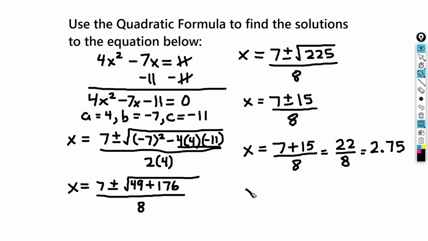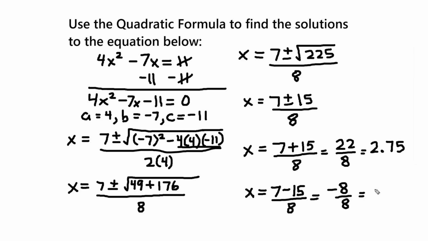And then we've also got x equals 7 minus 15 over 8. So that's negative 8 over 8. So that's negative 1. So we have two solutions here, and these two solutions represent the x values on the x-axis where this parabola will cross the x-axis.